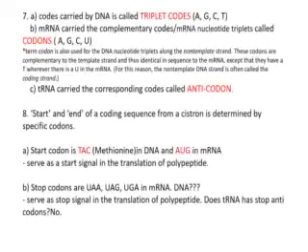Now, codes carried by DNA are called triplet codes: A, G, C, T, and mRNA carries complementary codes, or mRNA nucleotide triplets called codons, which are A, G, C, U. Now, class, the term codon is also used for the DNA nucleotide triplets along the non-template strand, like what I mentioned earlier.